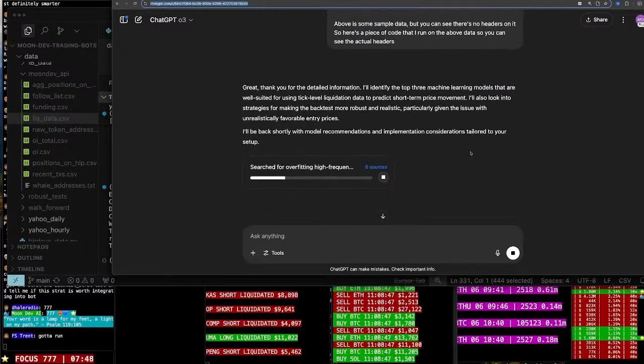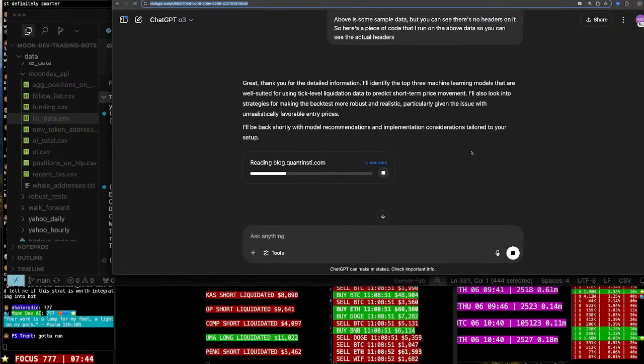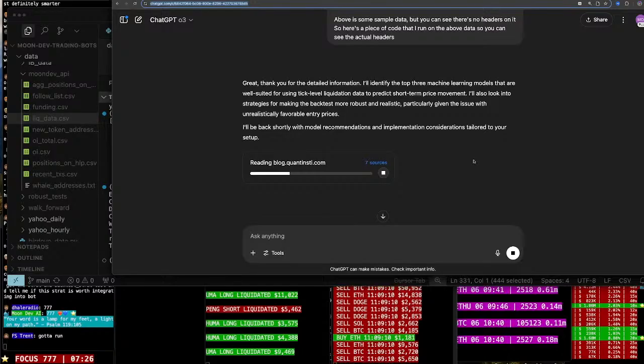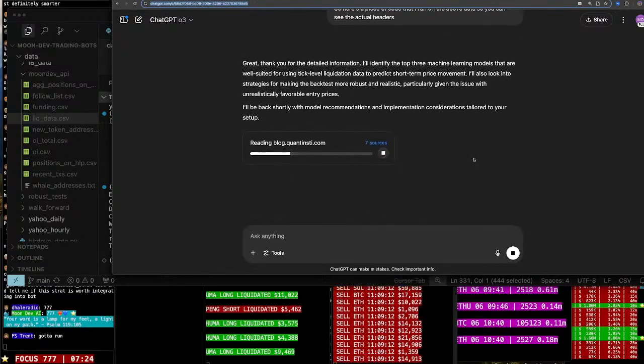Great. Thank you for your detailed information. I'll identify the top 3 machine learning models that are well suited for using tick level liquidation data to predict short-term price movement. I'll also look into strategies for making the backtest more robust and realistic, particularly given the issue with unrealistically favorable entry prices.